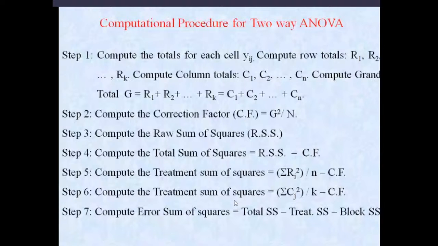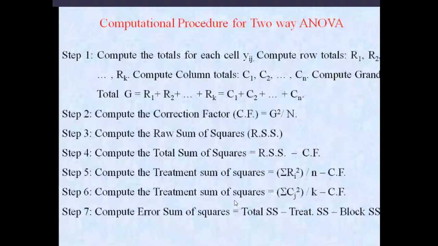The grand total is the sum of the row totals or column totals, either one, which gives the grand total G. Compute the correction factor, which is equal to G square by N, and compute the raw sum of squares, which is squaring each observation and adding them. Then compute the total sum of squares, which is equal to the raw sum of squares minus the correction factor.